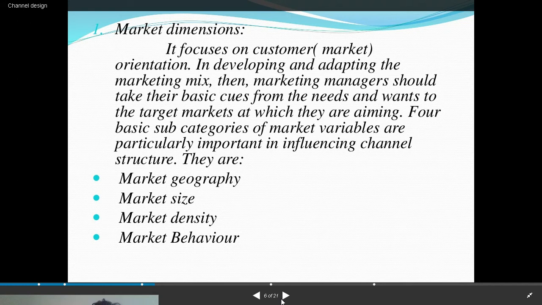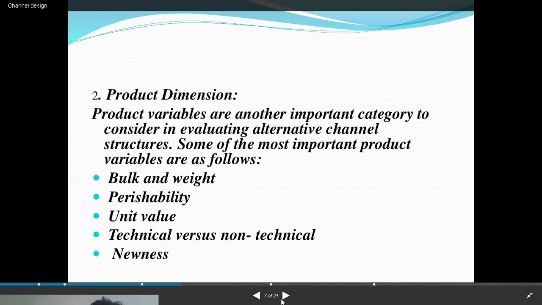Not only that, advertisement, personal selling, e-marketing, internet, technology, IT, how they are utilizing these, and how the promotion of the products takes place in different ways.